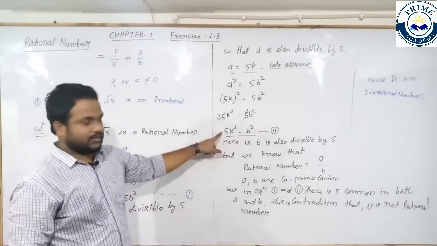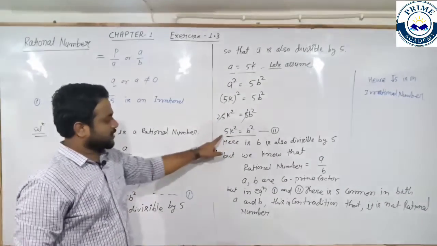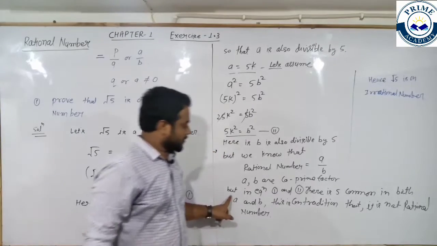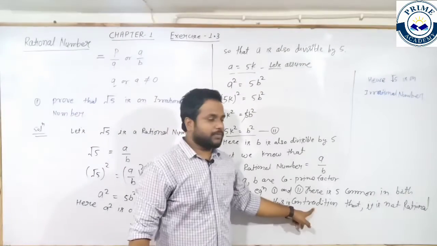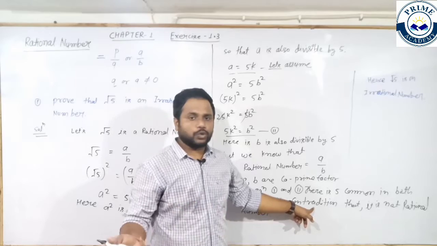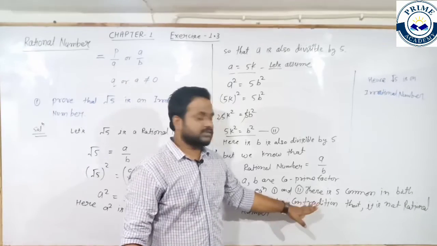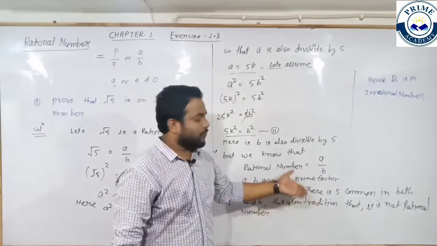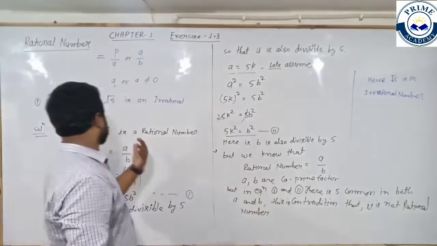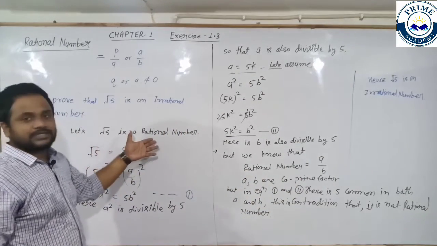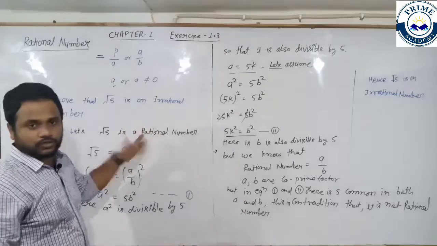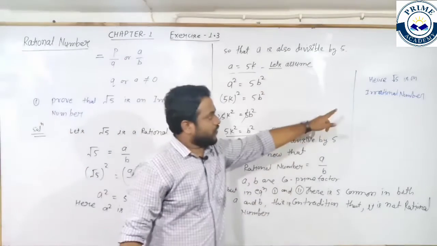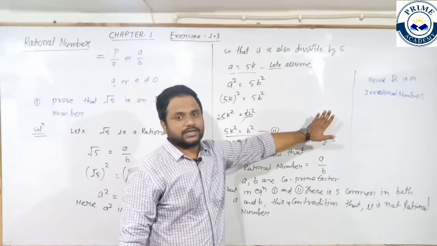That means it is a contradiction, because co-prime numbers have no common factor. That's why whatever we assumed, that root 5 is a rational number, is wrong. Hence root 5 is an irrational number.